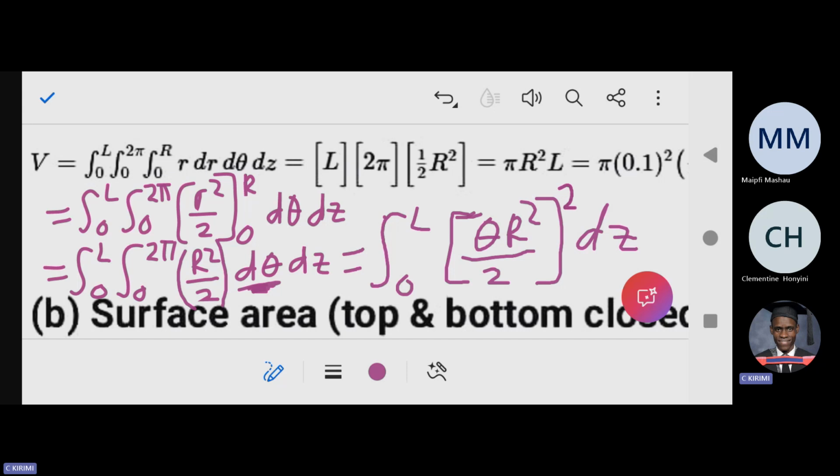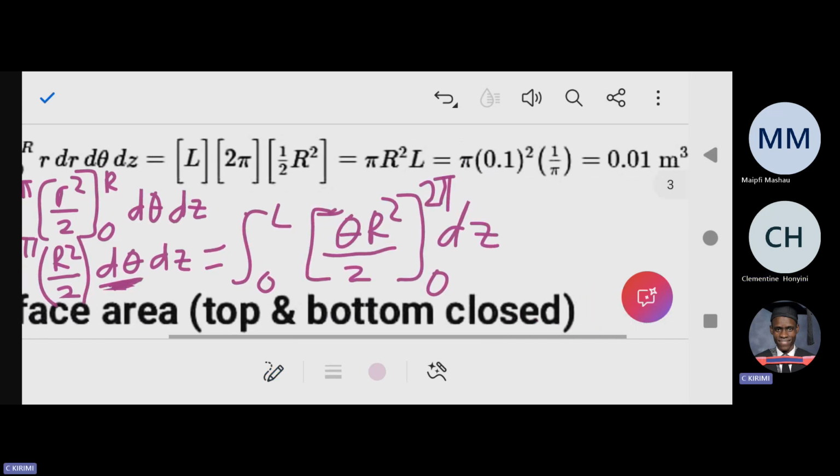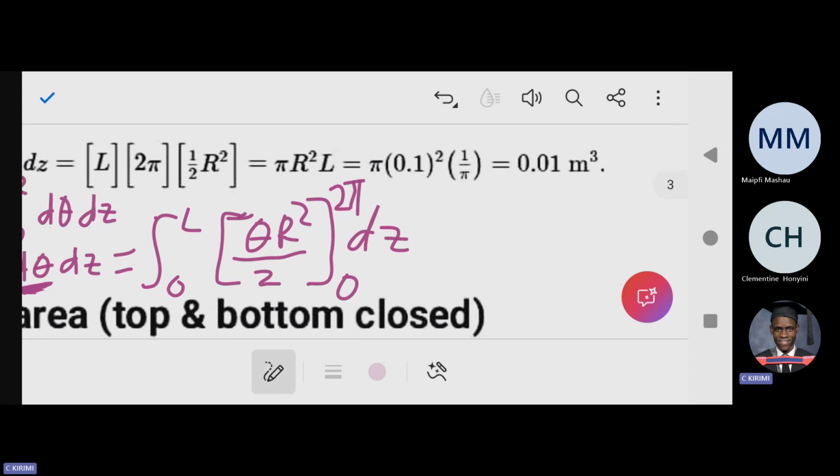So I put my limit 2 pi there, and then I put my limit what? 0 there. Then I evaluate. So where there is 0, I ignore the limit because any number times 0. Where there is theta, I put 0, which means it vanishes.